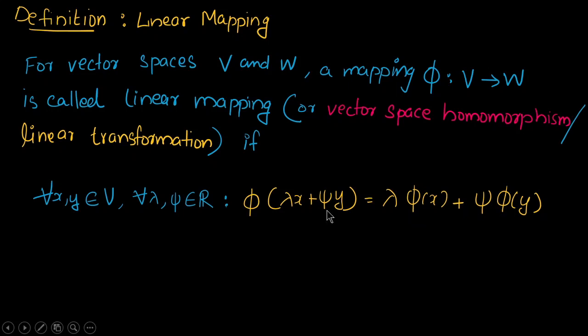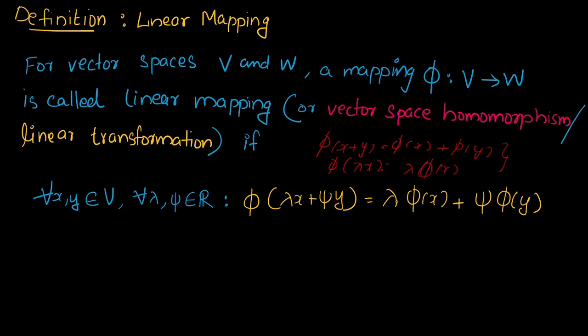This is nothing but the combination of the first two statements. That is, we have written phi of x plus y is equal to phi of x plus phi of y, and one more thing, phi of lambda x is equal to lambda into phi of x. So these two are combined into the single statement. That's all. It's nothing new.